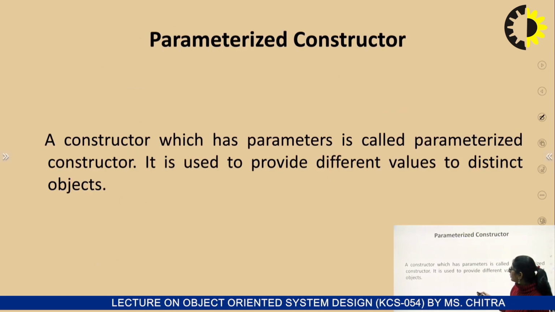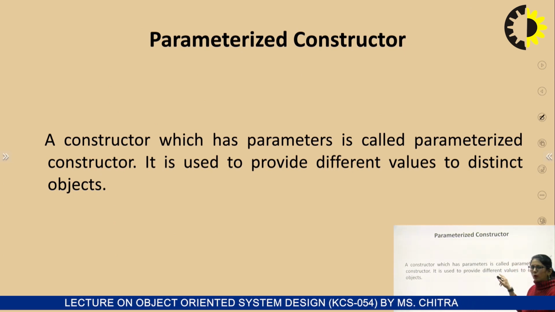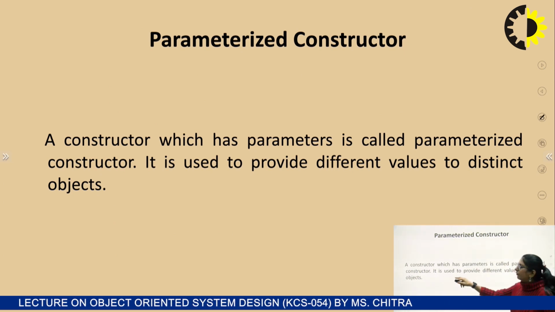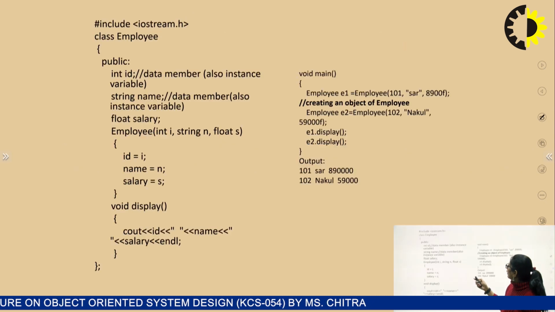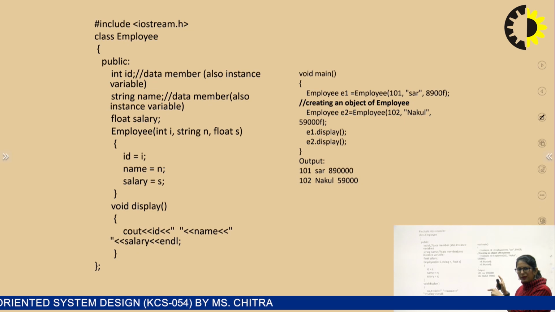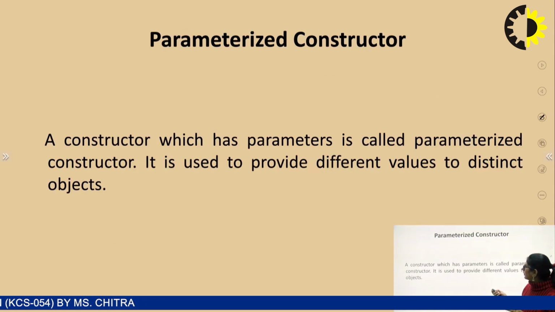That's what we mentioned here: it is used to provide different values to different objects. For the number of objects I create and the parameters that I pass, our parameterized constructor will be called with that set of values. So each and every object gets a different set of values with the help of the parameterized constructor.